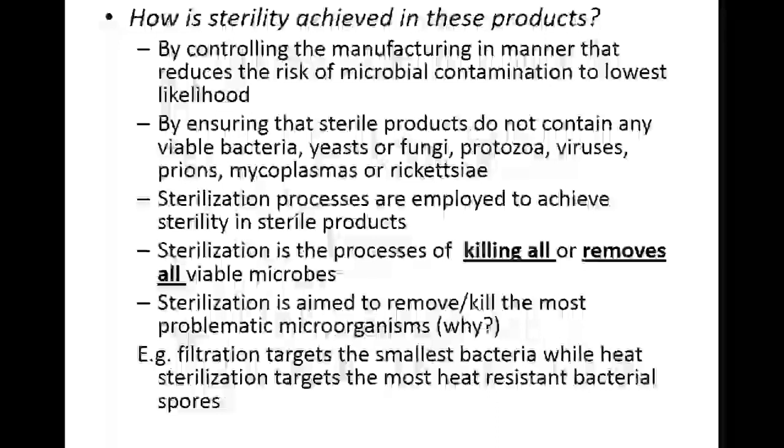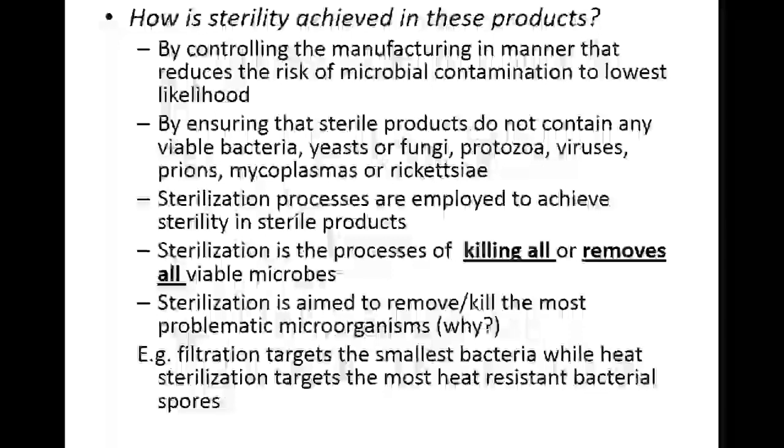Example: irradiation targets the smallest bacteria, while heat sterilization targets the most heat resistant bacterial spore. We have already discussed pharmaceutical microbiology. There are so many categories or types of bacteria: gram-positive bacteria, gram-negative bacteria, and acid-fast bacilli, ambapo tuliona kila moja na structure yake na jinsi ya kuweza kumanage microorganism.